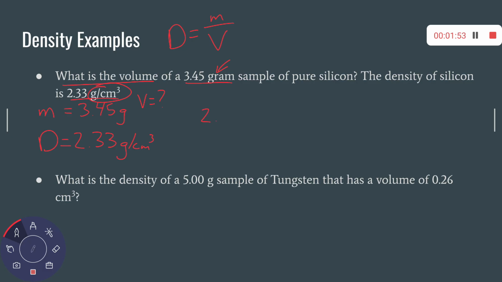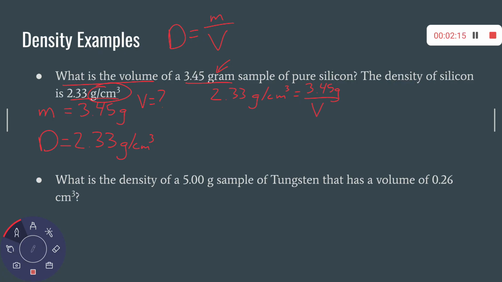So now I'm going to substitute in my values. My density is 2.33 grams per centimeter cubed, and that equals my mass, which is 3.45 grams, divided by my volume, which is still unknown for now.